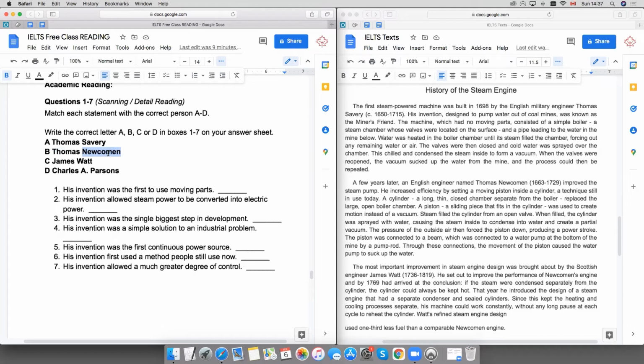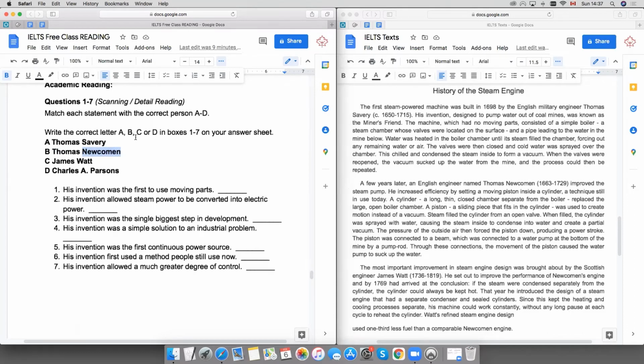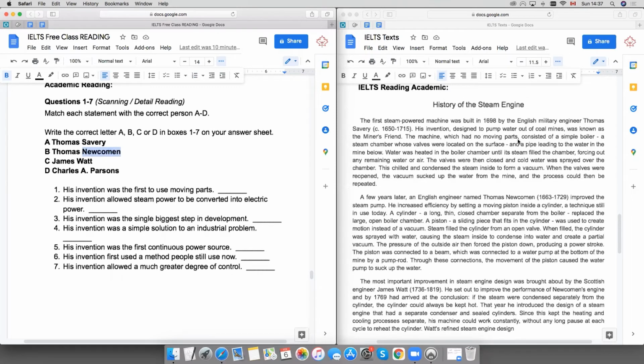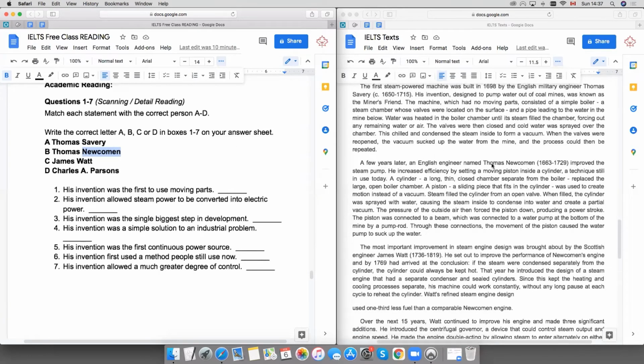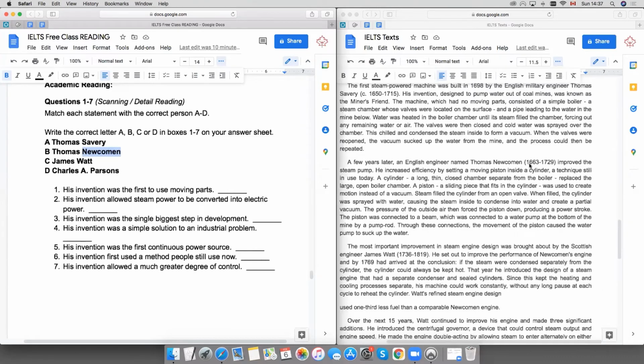So we want to focus on last names more than first names. If we scan through here with this as the keyword, we realize, okay, so the first paragraph is about Thomas Savery, our letter A. So that's probably not what we're looking for. But a few years later, Thomas Newcomen. We've identified that information right away.